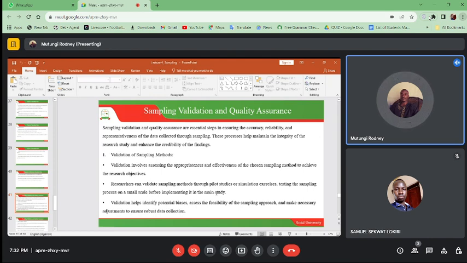So validation of sampling methods involves assessing the appropriateness and effectiveness of the chosen sampling method. And you do this, like we have been saying, through pilot studies or simulation exercises.